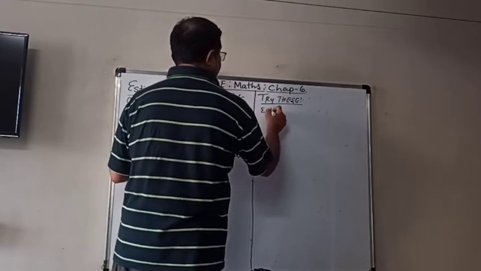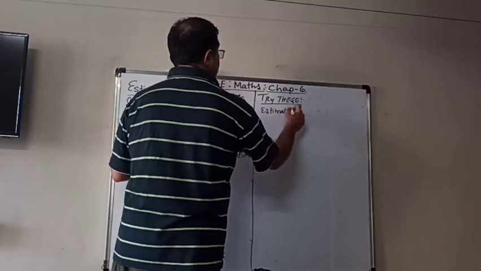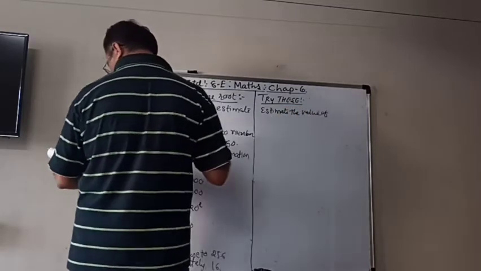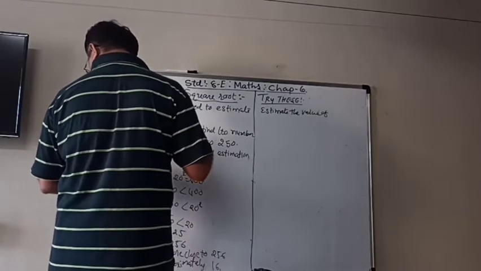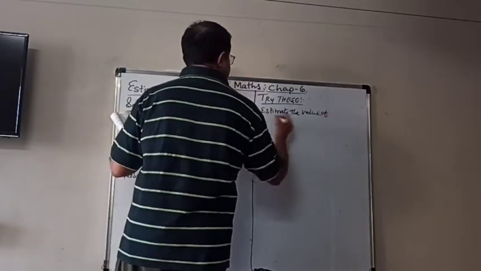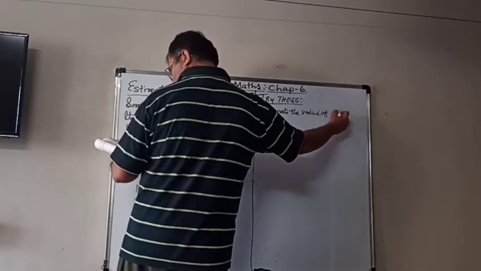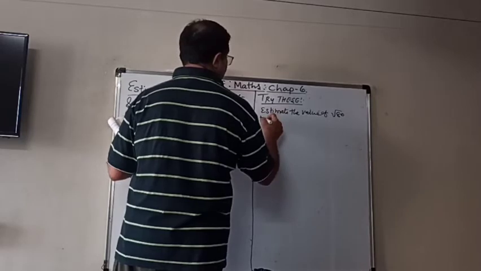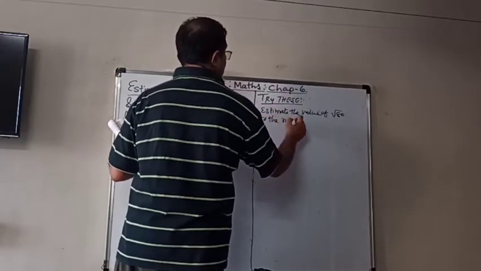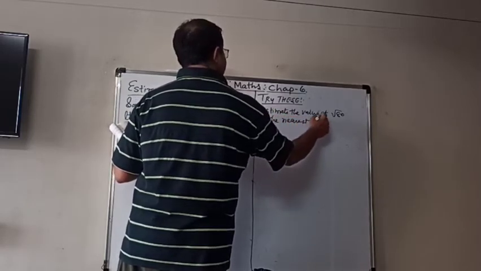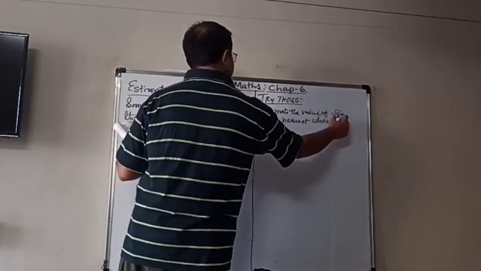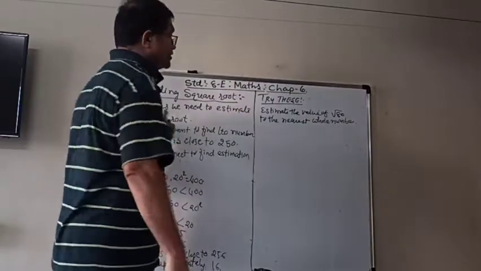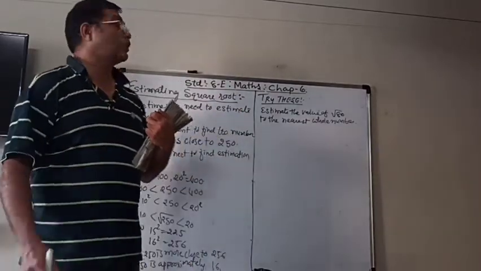Estimate the value of the square root of 80 to the nearest whole number. There are other numbers also, but for those others, according to this, you can do it yourself.